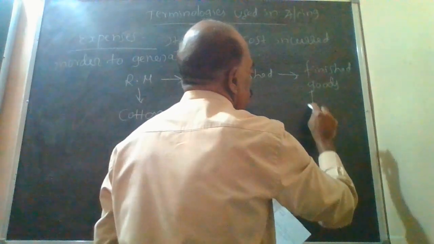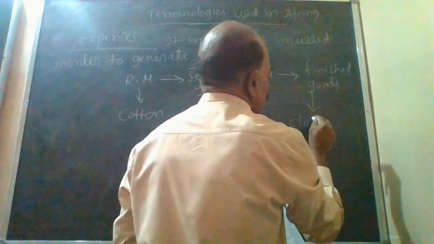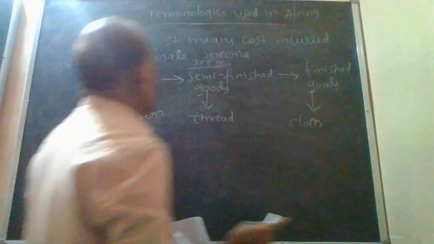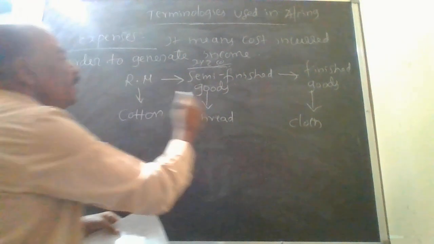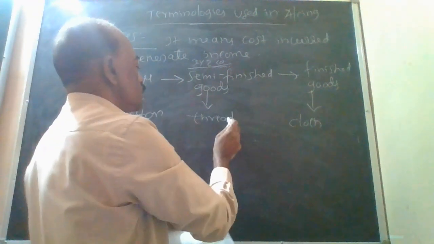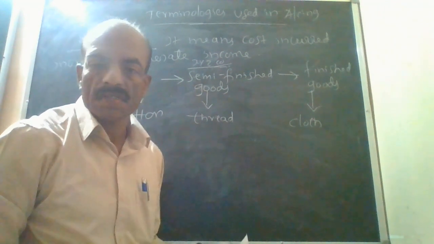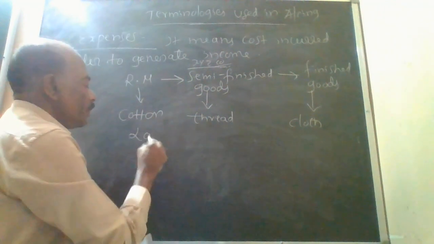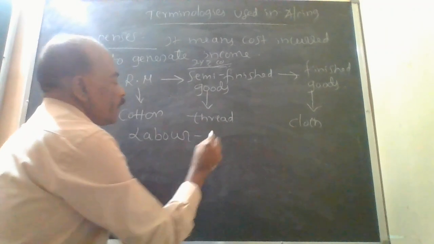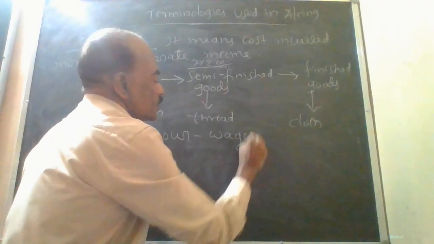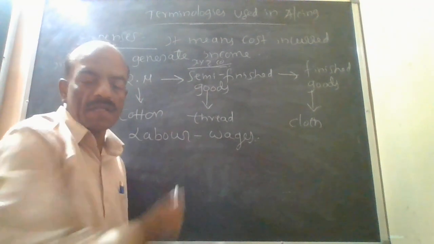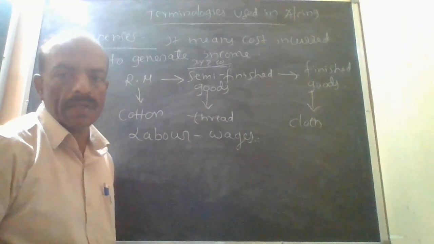Then they will convert the thread into cloth. In order to convert the cotton into thread, we have to appoint laborers. For them, we have to pay wages. Wages are one of the direct expenses we are going to incur.